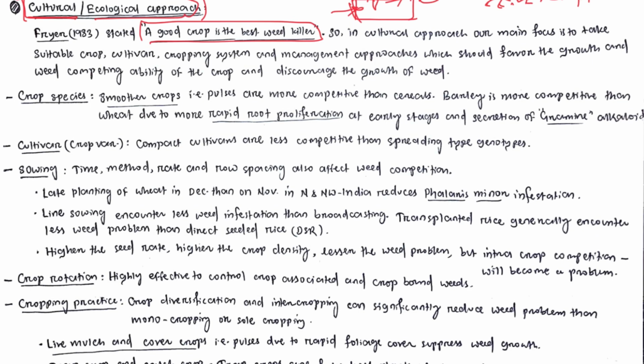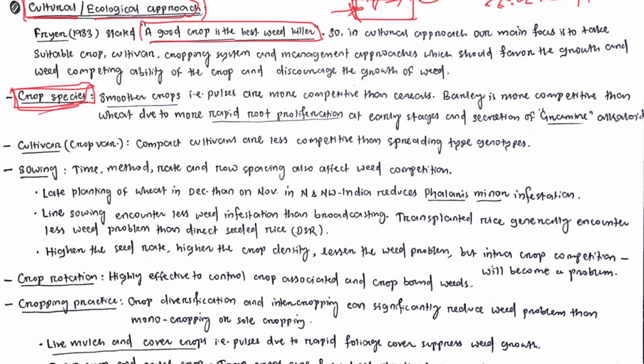The first one is choosing of crop species. Suppose there are two crops: one is rice, another is green gram or groundnut. Whose foliage can cover the weed, suppress the weed, act as live mulch, or have a smothering effect on the weed?